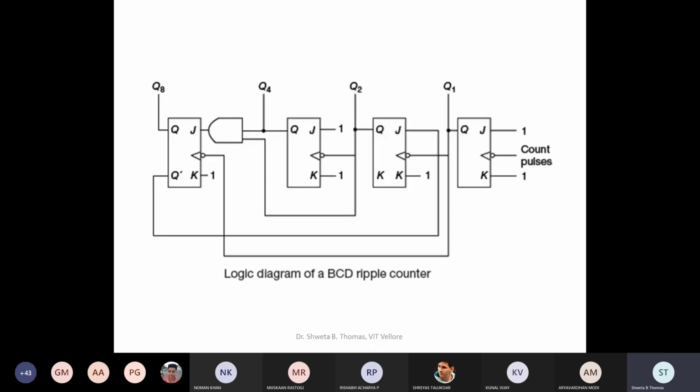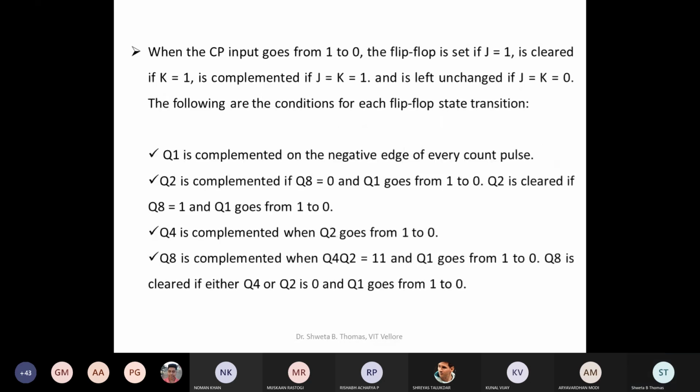Sorry, Q8 will be equal to 0, Q complement will be equal to 1. This one will go to the second flip-flop, J is equal to 1. So it will complement Q2. So this is the logic diagram of BCD ripple counter. Okay. So the same thing I have explained here in words.